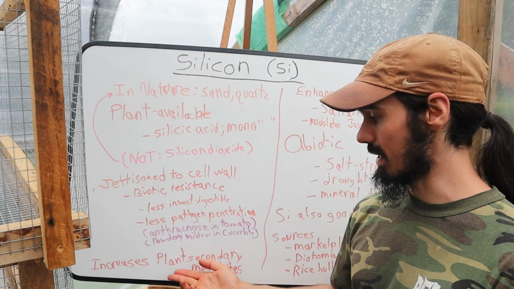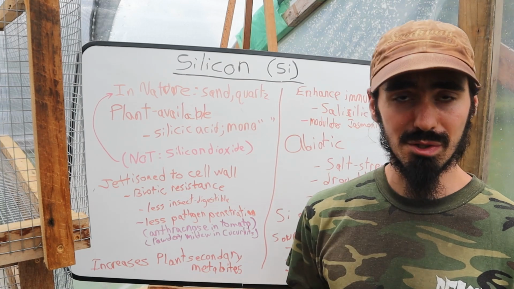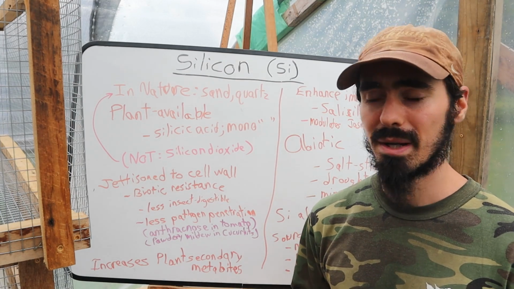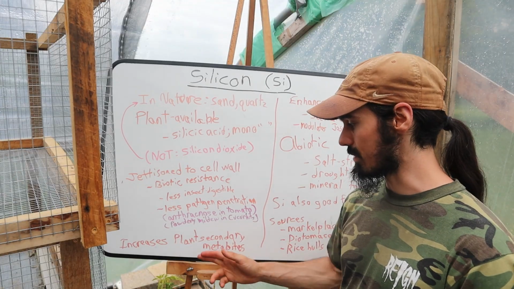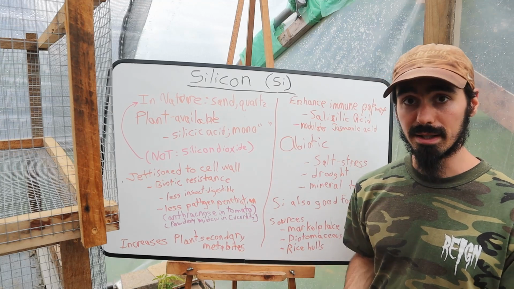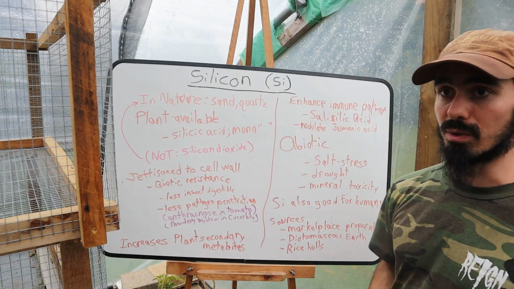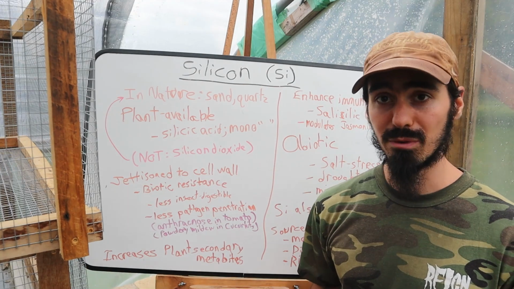Sometimes these secondary metabolites can be very healthy for humans and be medicinally effective, right? Because they can also fight pathogens and help keep us healthy in some ways, right? So it kind of makes sense that there's that relationship there. When we're talking about this, what can also relate to it is that silicon can also help to enhance, contribute to, or modulate certain immune pathways in plants, right?